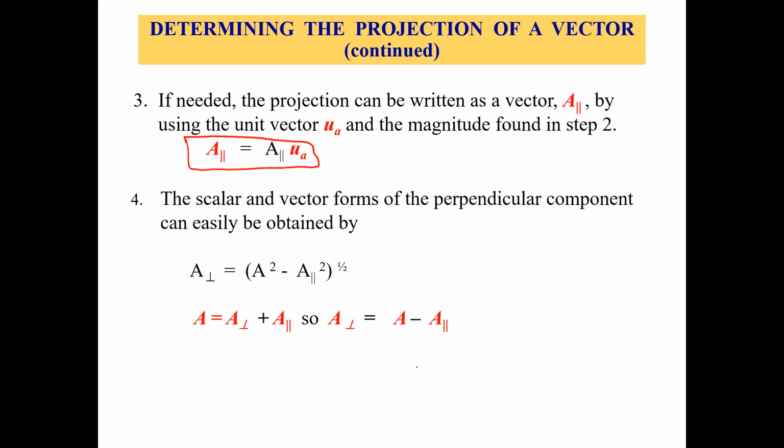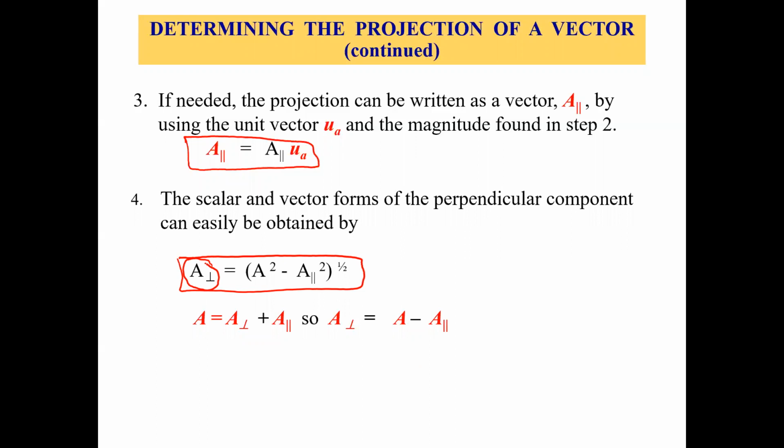Now we talked about the parallel component. Now let's talk about the perpendicular component. Okay. So the perpendicular component can be obtained in this fashion. We use this sign to show the perpendicular component. So A perpendicular equals the square root of A squared minus A parallel squared.